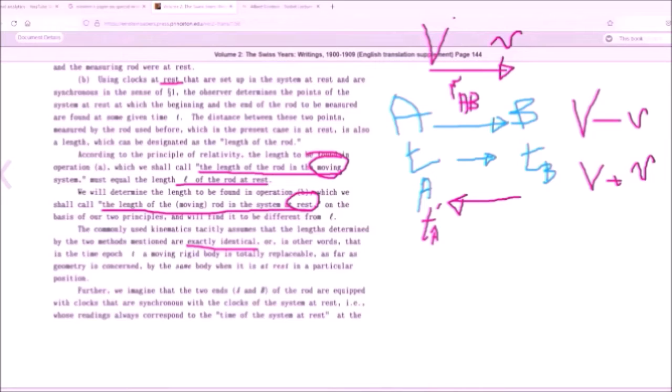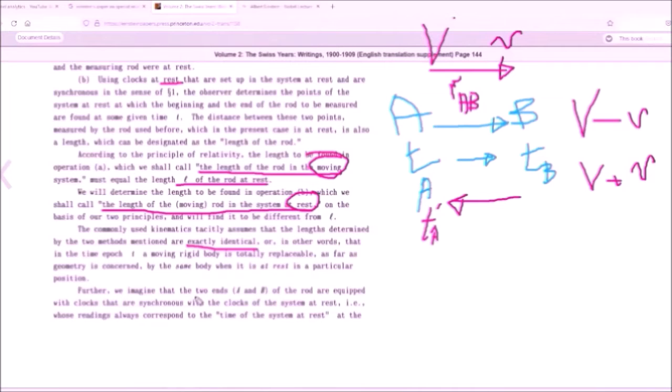The difference between the lengths when you measure from one end to the other is not going to be very considerable. Or in other words, at the time epoch t, a moving rigid body is totally replaceable, as far as geometry is concerned, by the same body when it is at rest in that particular position.